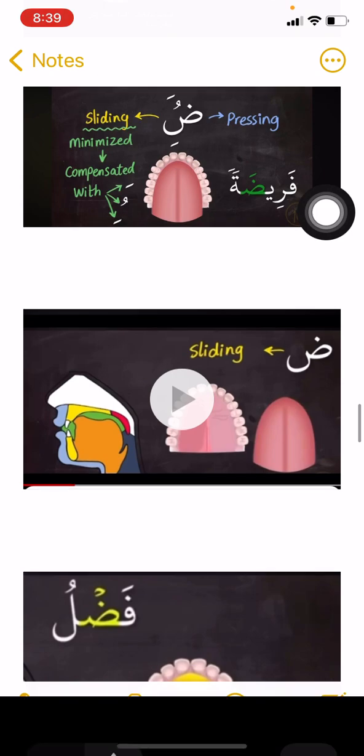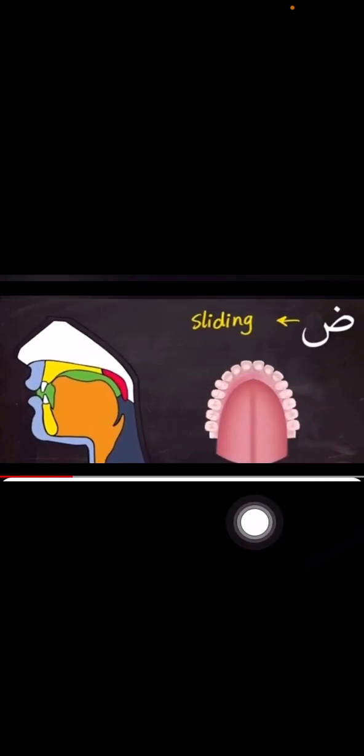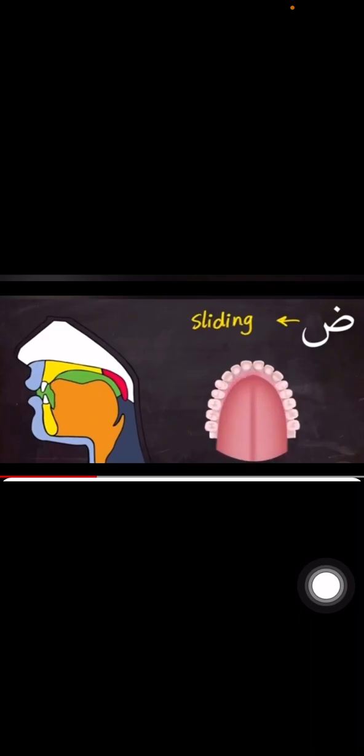Okay. Notice that only the 2 sides of the tongue are pressing, while the front edge is only making contact without applying any pressure. The second step is sliding the tongue slightly forward up to the point that the front edge of the tongue is almost touching the back of the upper front teeth.